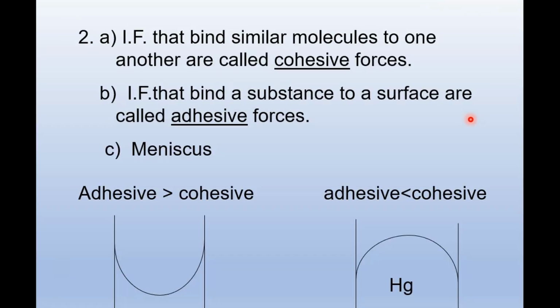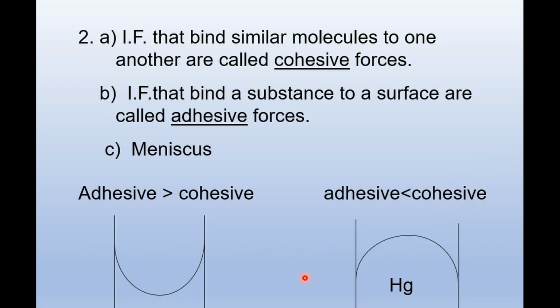If we have an intermolecular force that binds similar molecules to one another, we call it a cohesive force. An intermolecular force that binds a substance to a surface is called an adhesive force. Here we see mercury, and this must be water.